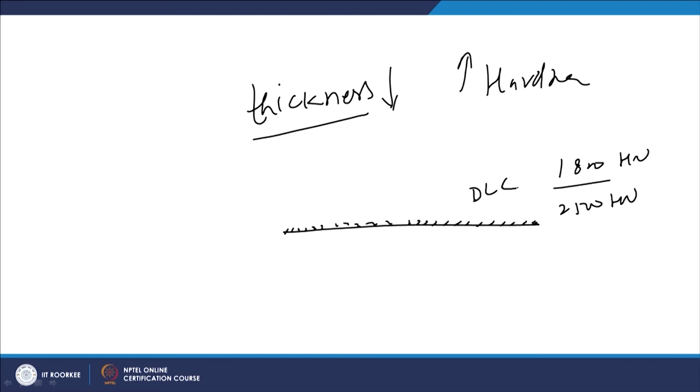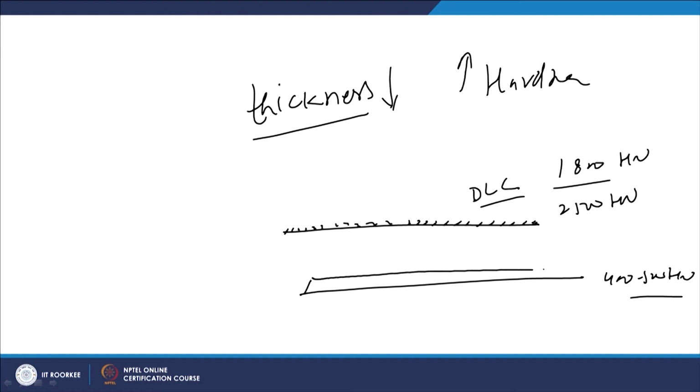Diamond like coatings will be developed in the form of very thin films, but if the hardness is lower, like 400 to 500 HV, then maybe we can develop a thicker layer in the form of coatings of 400 to 500 micrometer.